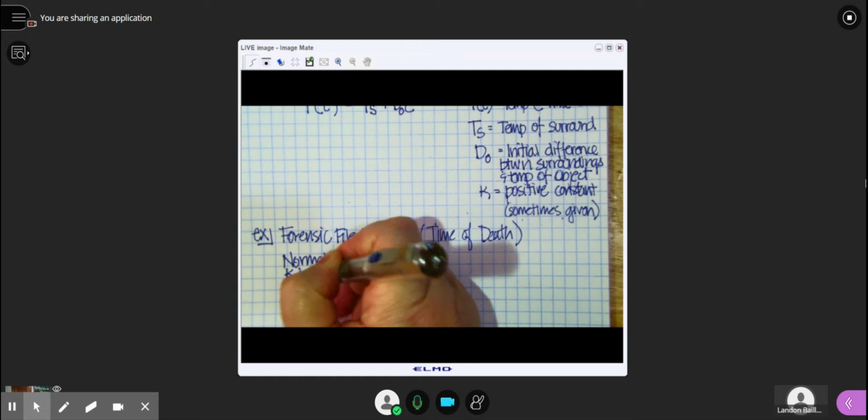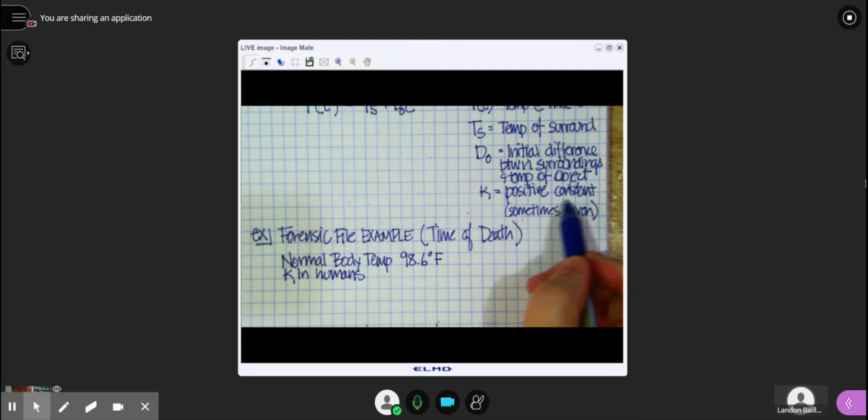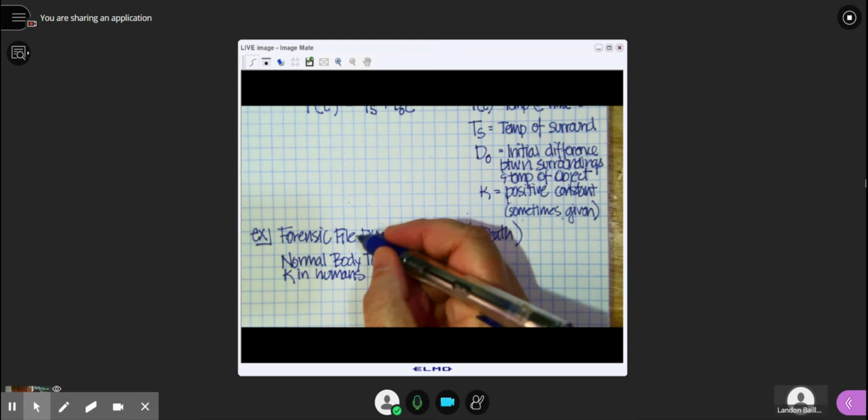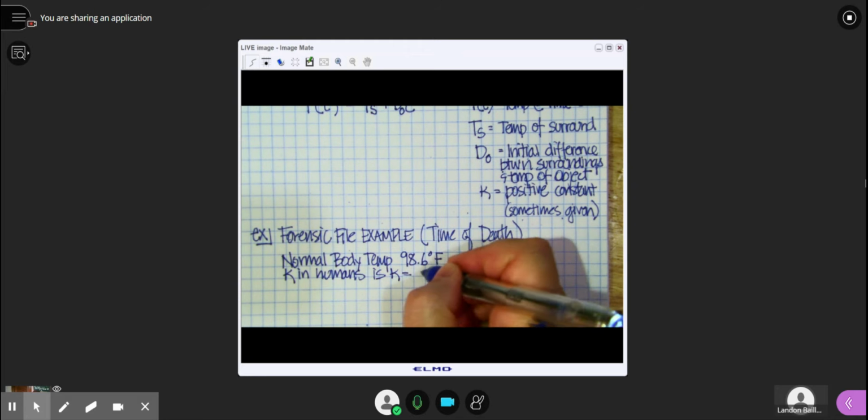K in humans, so that's our positive constant for the formula, is K equal to 0.1947.